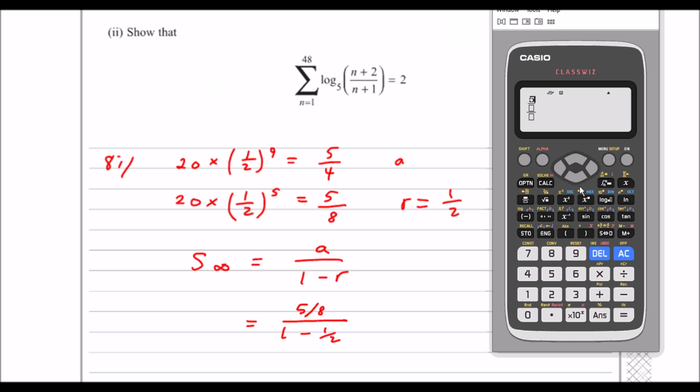So we've got 5/8 over 1 minus a half. And that's 5 over 4. No, 5 over 4 was our A. Let's change that to 5 over 4. 5 over 4 is A. So A over 1 minus R. And that's 5 over 2.